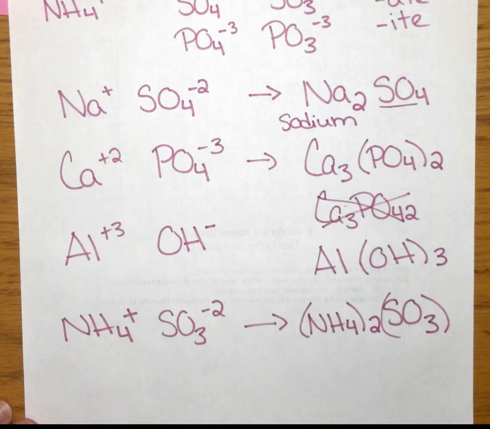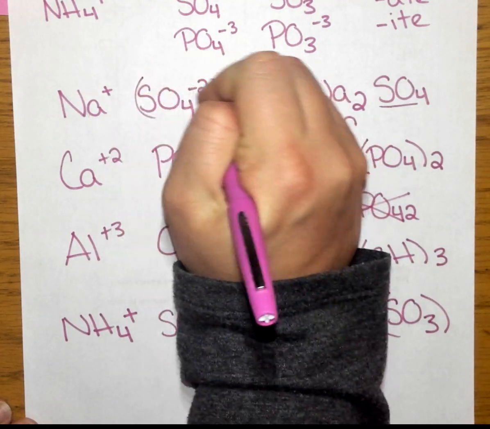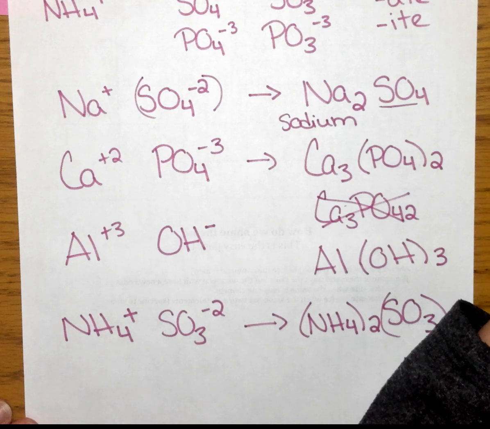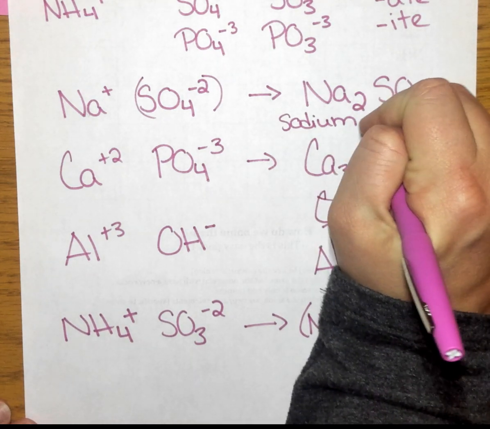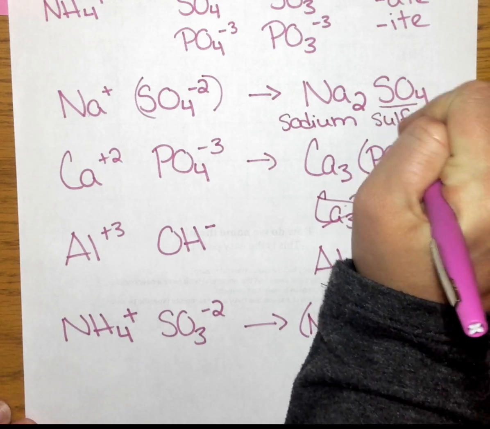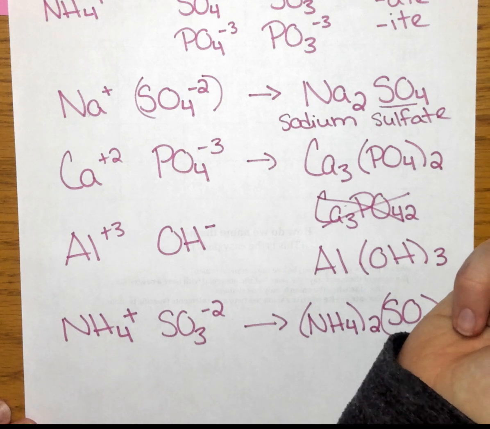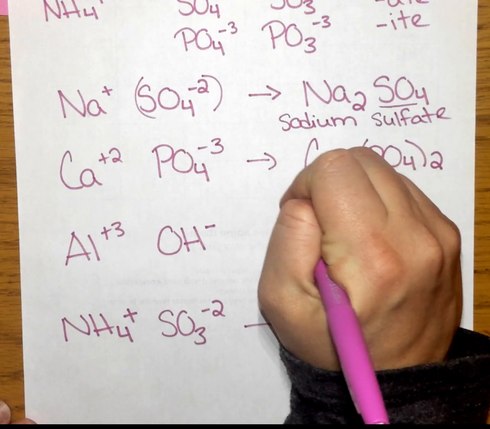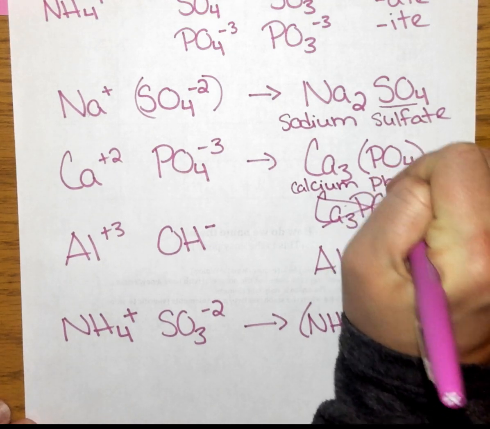You'll notice that none of these compounds have weird prefixes. If this is all together in one group as an ion, we're going to name it all together. So SO4 -2 is a sulfate. PO4 with a -3 charge. This right here is going to be calcium, I'm just going to squeeze it in, phosphate.